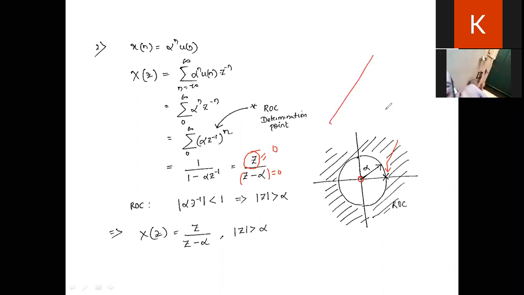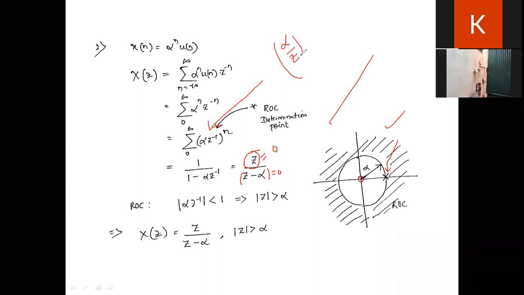So it will contain the plot of the region of convergence. What is the region of convergence? Those values of z for which X of z gives me finite values. Here the author says that for any value of z, if the relation is maintained that z is greater than alpha, then this term is alpha divided by z.